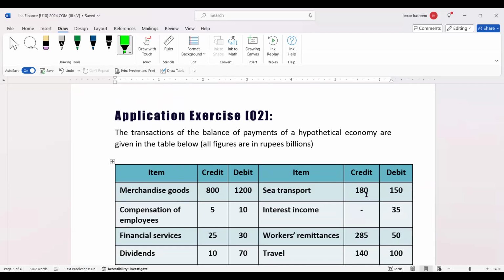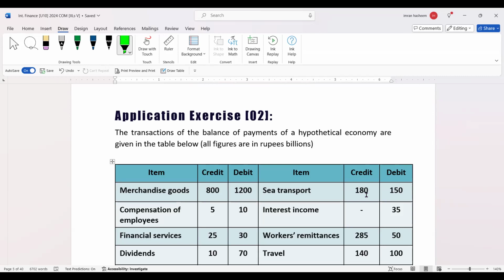You are given the credit and the debit entries for several items: merchandise, compensation of employees, financial services, dividends, air transport, government transfers, sea transport, interest income, worker remittances, travel, telecommunication, non-monetary gold.